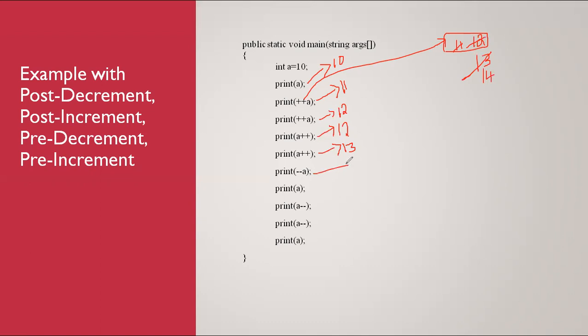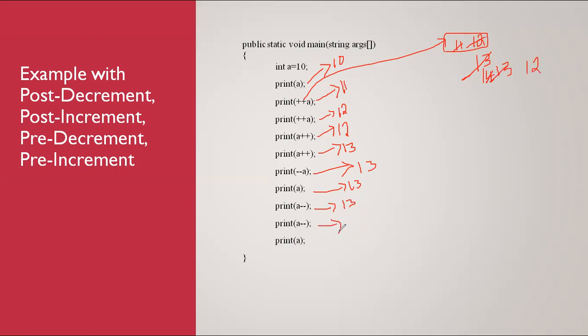Minus minus a means the pre-decrement, first the value will be reduced and then it will print it, that is 13. So the value of a is 13, and again it is post decrement, so it prints 13, and then after execution of the statement, it will be 12 now.